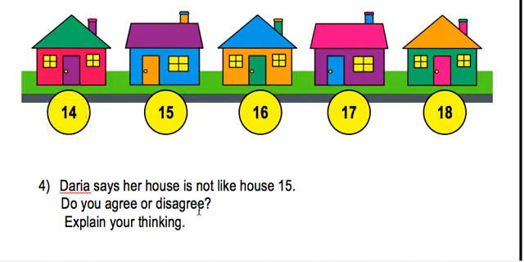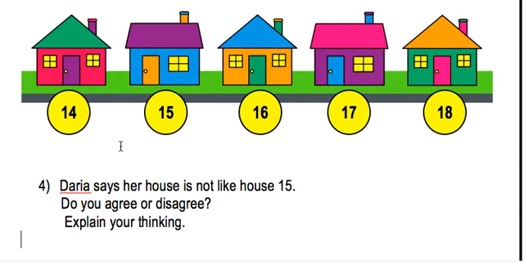So what Ms. Jones would like for you to do, if you believe that Daria's house is not like house number 15, then you're going to agree with her, and this is the word agree. If you think that Daria's house is like house number 15, then you're going to disagree with her.